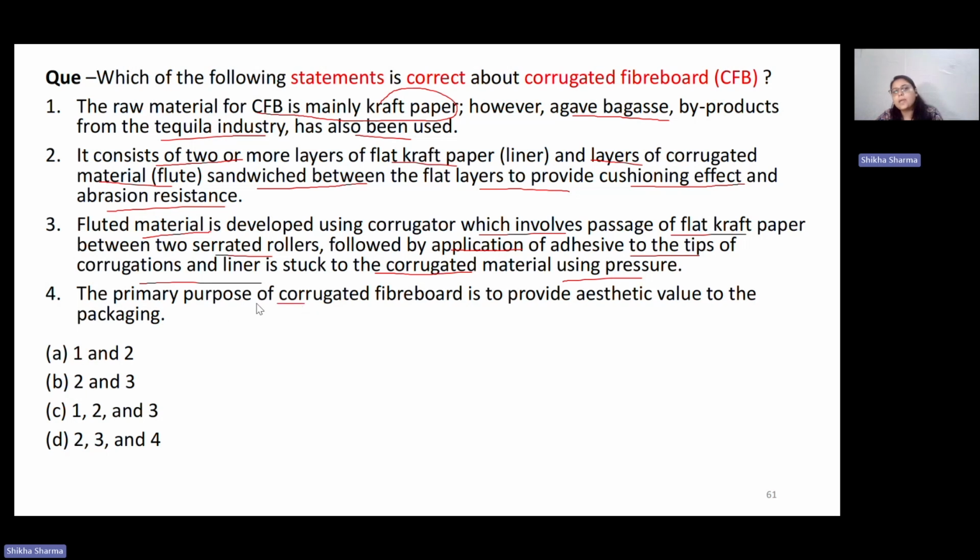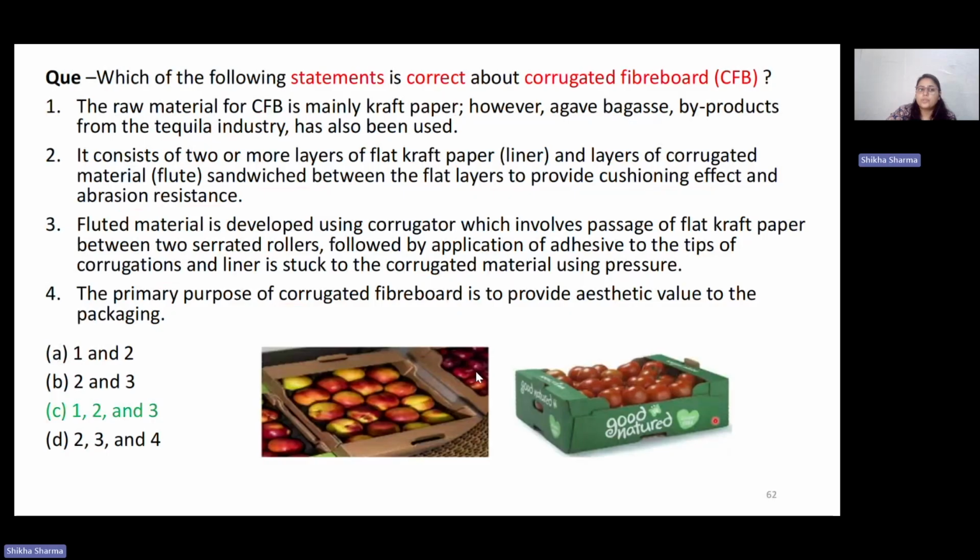The fourth statement is that the primary purpose of the corrugated fiber board is to provide aesthetic value to the packaging. We need to tell which statement is correct regarding CFBs. Okay, let's see. Statements 1, 2, and 3 are correct here.